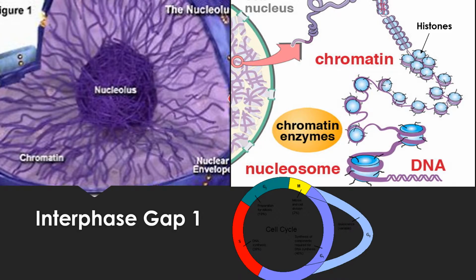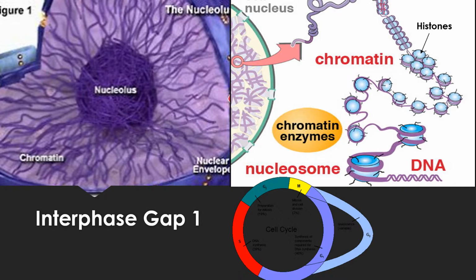Next is interphase, gap 1 or G1. Looking under a microscope, interphase appears to have very little activity going on. So at first it was believed that not much goes on during interphase. But scientists have seen that there's actually a lot going on at the biochemical level during this phase.